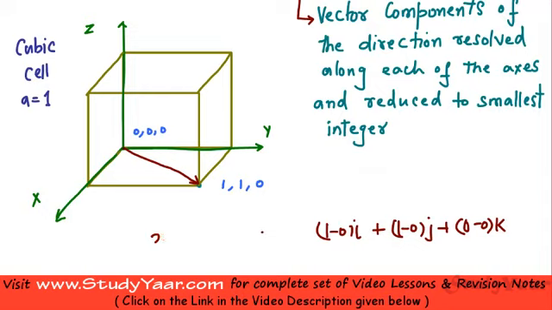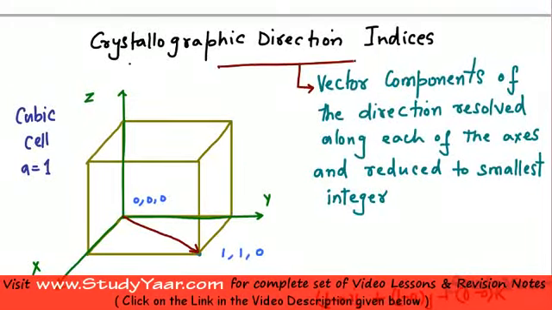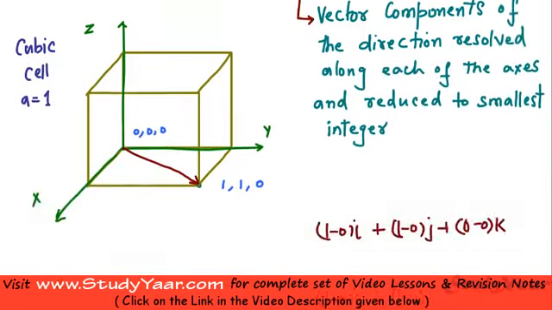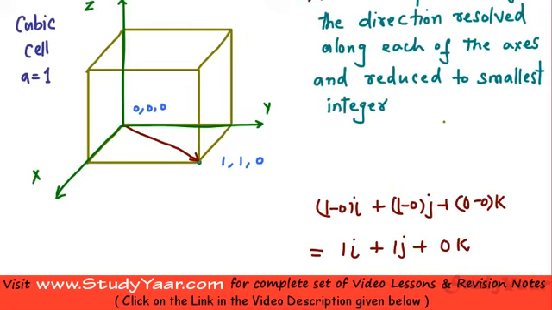As per the definition of crystallographic direction indices, these are the vector components of the direction resolved along each of the axes and reduced to smallest integers. So this is my vector, which is basically 1i plus 1j plus 0k.